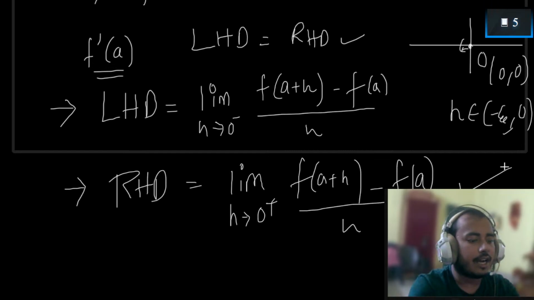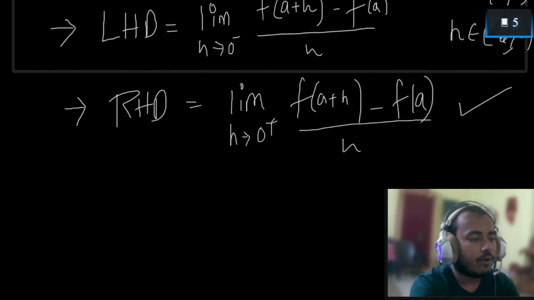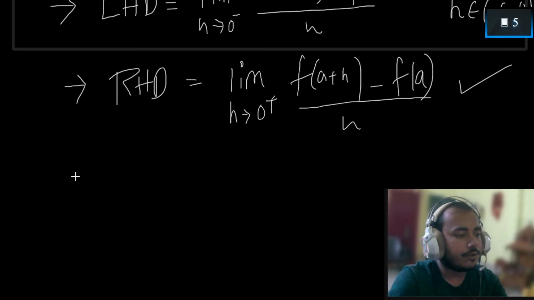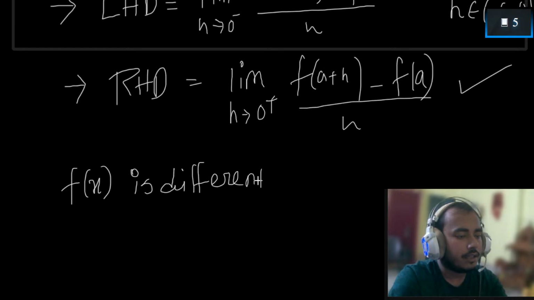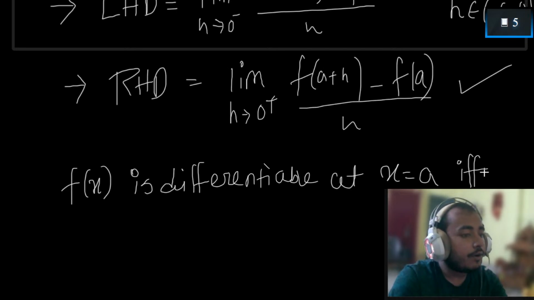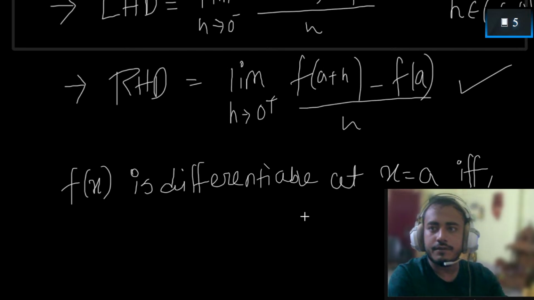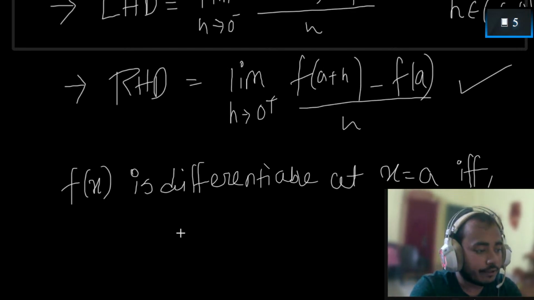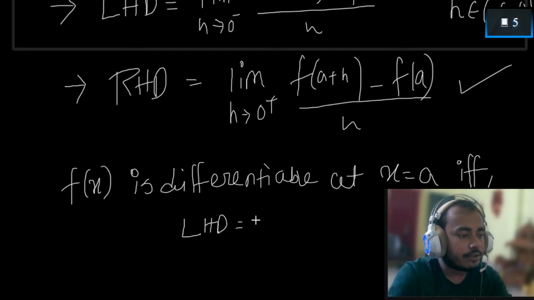So LHD, RHD, and only if these two are equal, we say that f of x is differentiable at x equals a if and only if LHD is equal to RHD, and these two are finite, and this also equals the value of f dash a.